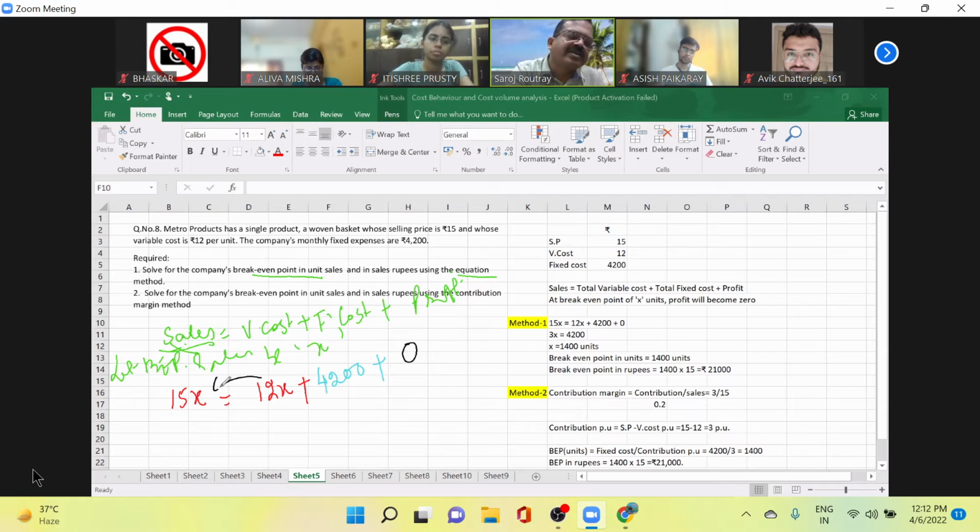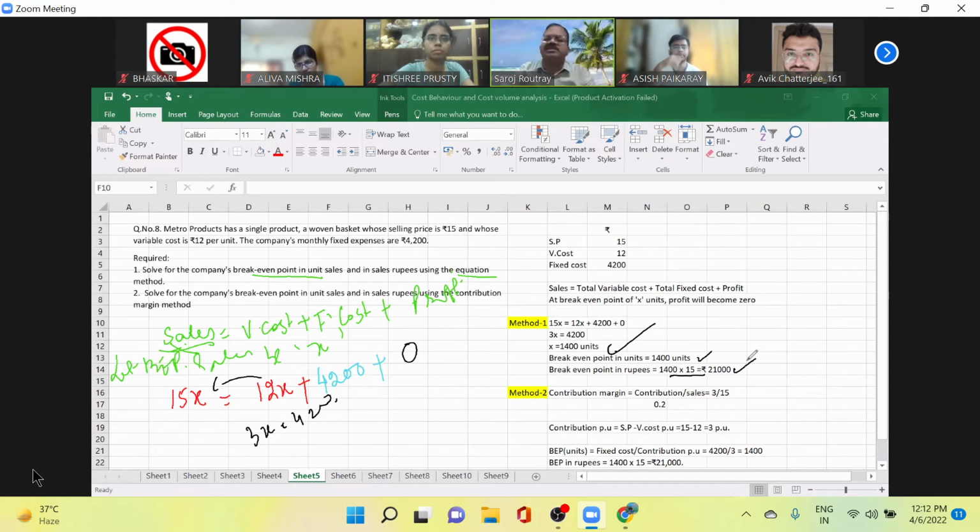So if I calculate it, 3x is equal to 4,200 and x is equal to 1,400 in units and in rupees 21,000. Okay. So this is the standard equation we will be using wherever. If you are given that you have to earn 10,000 profit, I will put 10,000 as profit instead of writing 0. Okay, so that will be my standard equation.